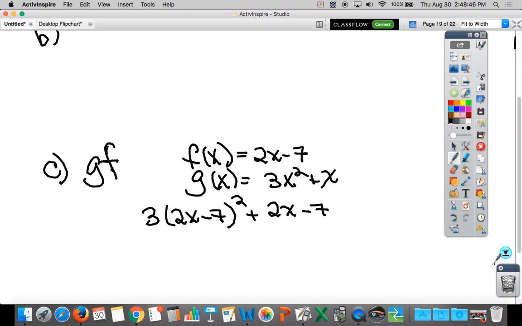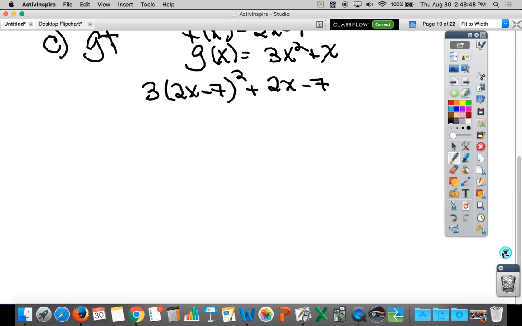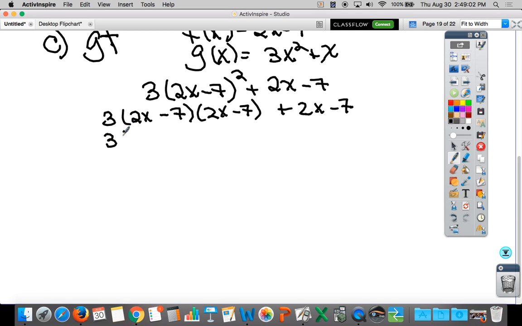You do have to expand this, which means you FOIL first. So I can distribute here. I'm going to just go on and FOIL. So 2x times 2x is 4x squared minus 28x plus 49.